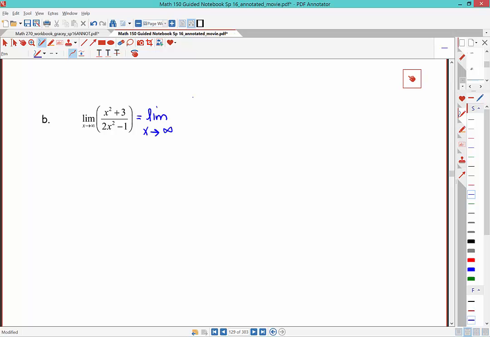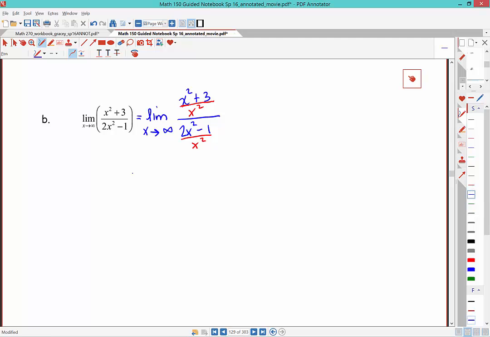So here you'll end up with this setup here. And so basically we're going to divide through by x squared. So we really kind of multiplied the numerator and the denominator by 1 over x squared.